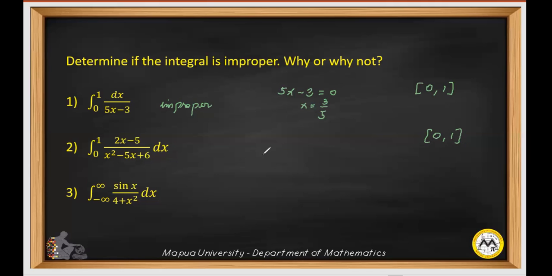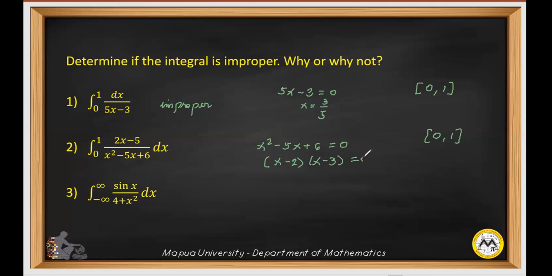We can do so if we equate the denominator to 0 and determine the critical values of x, the values of x that will make the denominator 0. So if we equate the denominator x squared minus 5x plus 6 to 0, this quadratic function can be factored as x minus 2 times x minus 3.